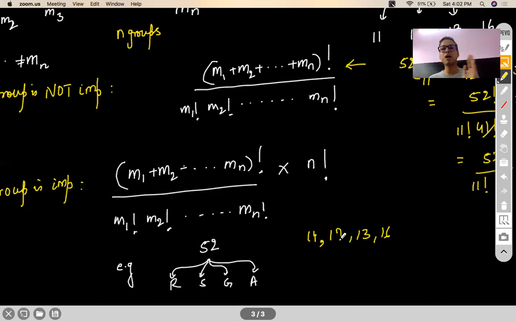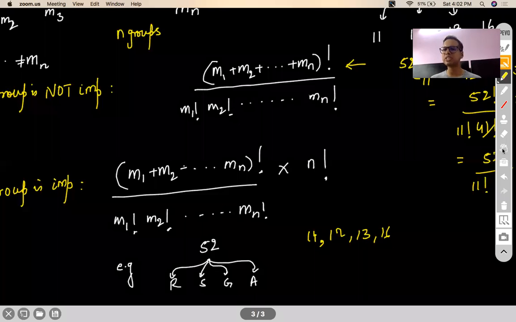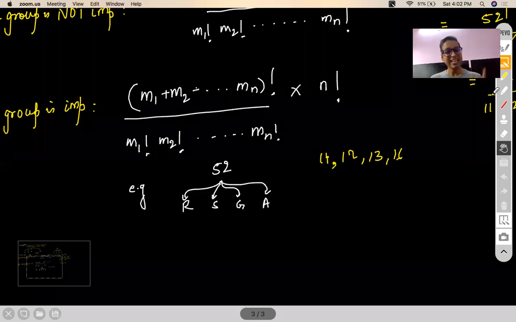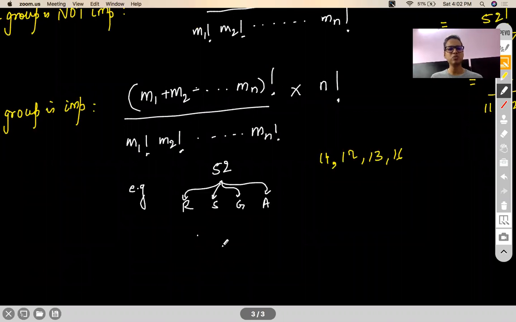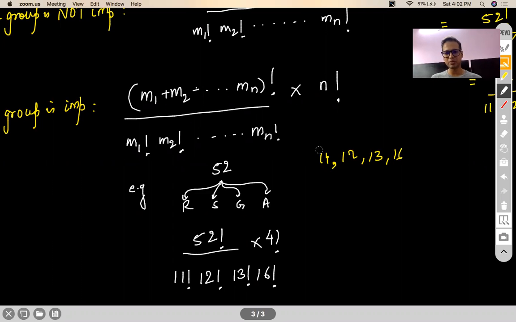I'm saying, how many ways can you cut a set of 52 cards into 4 such groups, 11, 12, 13, 16, and distribute them to Ram, Shyam, Ghanshyam and Abhiram. Here the answer would become 52 factorial by 11 factorial, 12 factorial, 13 factorial, 16 factorial into 4 factorial. Please note this is 11, my mistake if I have written it like 14. Is this idea clear? So this extra 4 factorial will come into the picture.